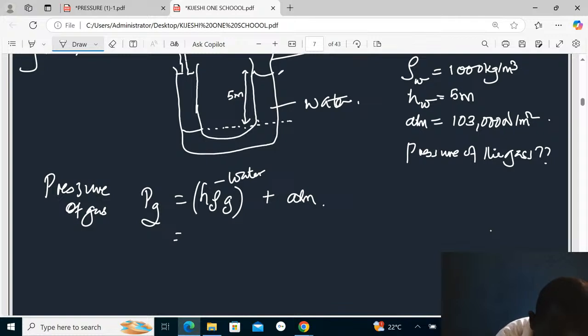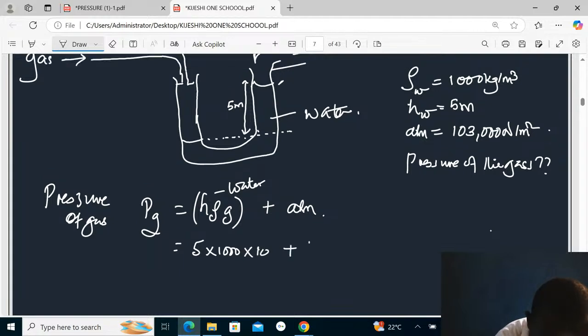And this one will be 5 meters times 1000 times 10 plus 103,000.